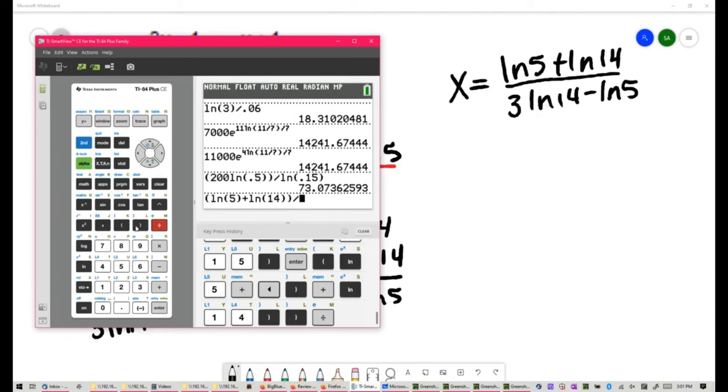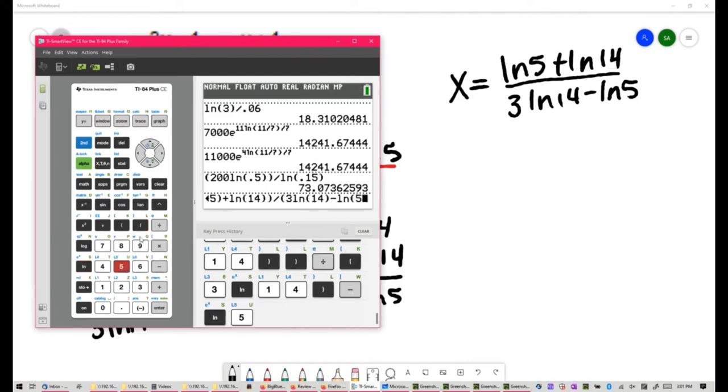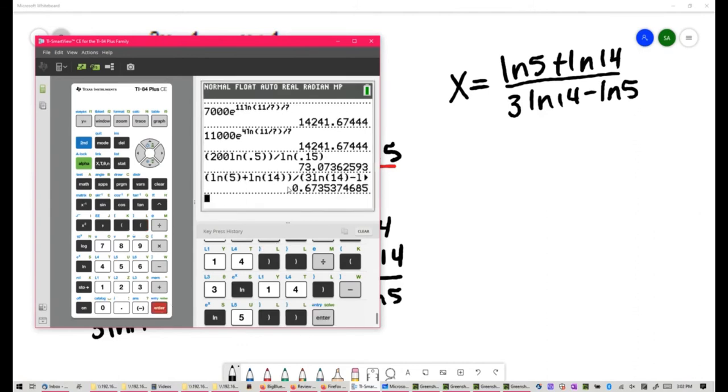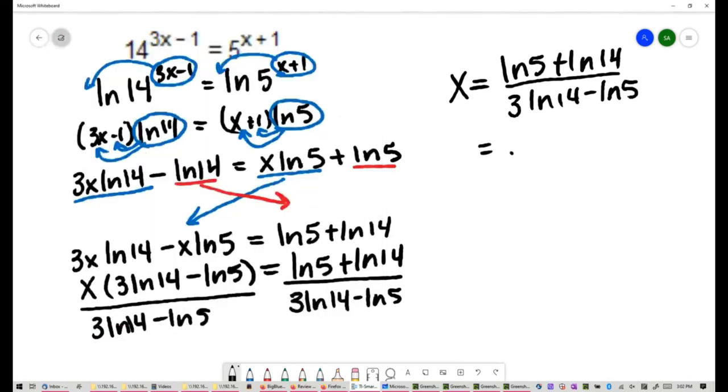And then I'll divide, and I need parenthesis for the denominator. That's 3 natural log of 14, closing parenthesis for that log, minus natural log of 5, closing parenthesis for the log and for the whole denominator. And that will give us 0.6735 for our approximation for that log equation.